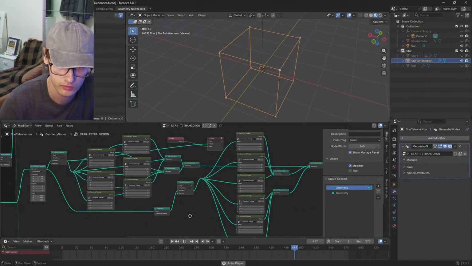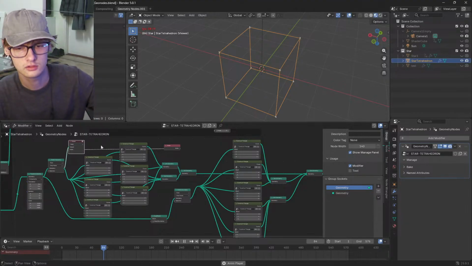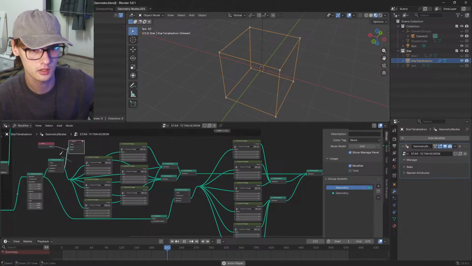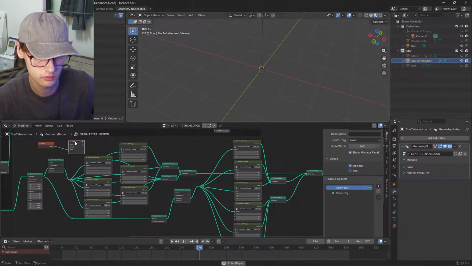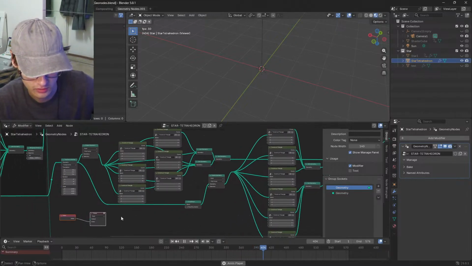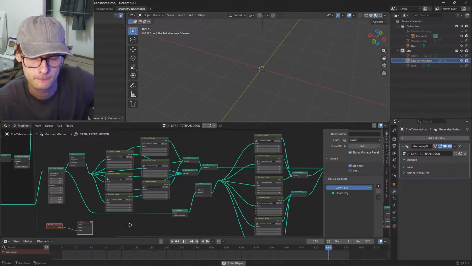I also should put this in a group so I don't get too lost again, because this is an eyesore to look at, all of these nodes, these construct triangles. It's simply crazy.